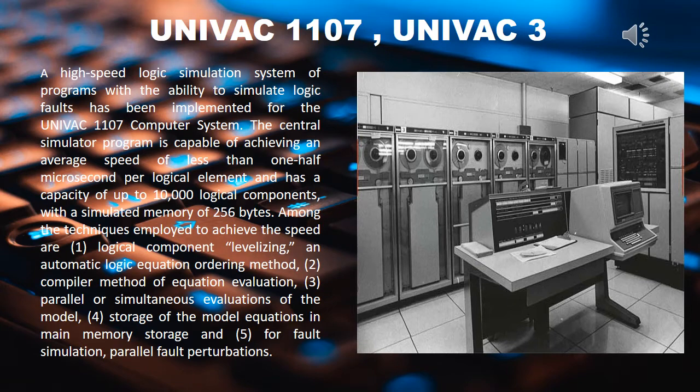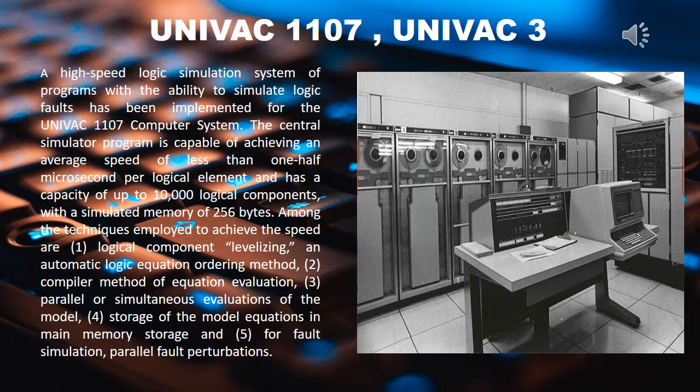UNIVAC 1107. A high-speed logic simulation system of programs with the ability to simulate logic faults has been implemented for the UNIVAC 1107 computer system. The central simulator program is capable of achieving an average speed of less than 1/2 microsecond per logic element and has a capacity of up to 10,000 logical components with a simulated memory of 256 bytes.